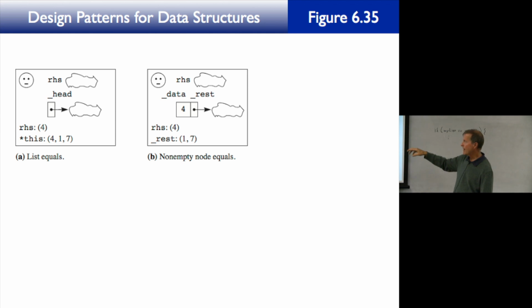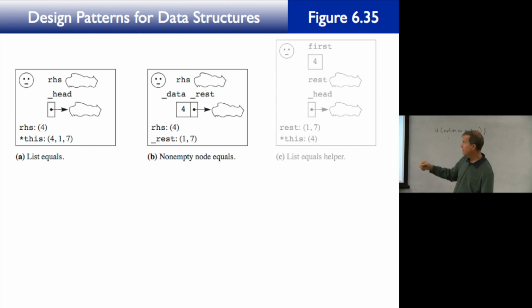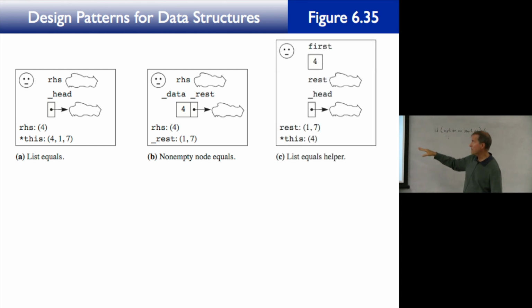Okay, so now, and here again, what will this non-empty node do? It will call the what? It will call a list for the helper, right? And it will pass along what? So here's the list equals helper. So now what does a list have? What is the attribute of a list? Underscore head, right?